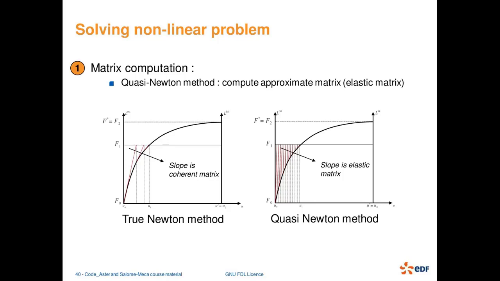So in those cases, we go for application of the initial tangent matrix, but the number of iterations is increased accordingly. That is another way to use the elastic matrix in the modified Newtonian method.